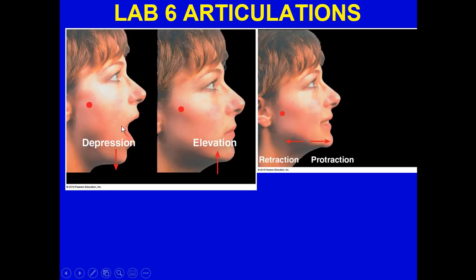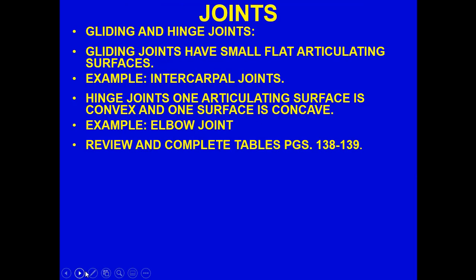Here we have depression. What? And then elevation, closing the mouth. Retraction, protraction. Protraction, you bring the jaw forward. Retraction, you bring it back. This is all at the TMJ joint too.